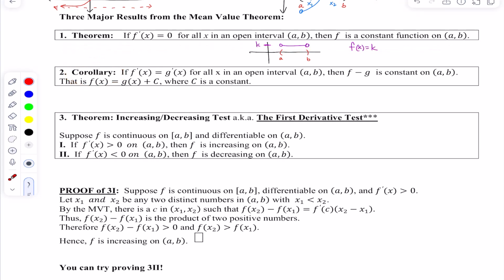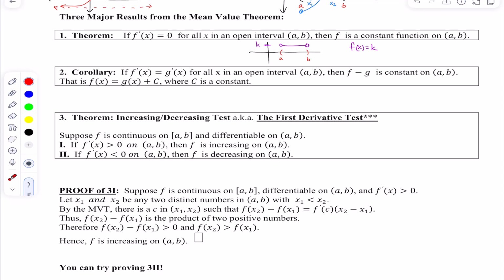This corollary says if the derivative of a function is equal to another derivative of another function for every x in the open interval AB, then the difference between those two functions is a constant on the open interval AB.